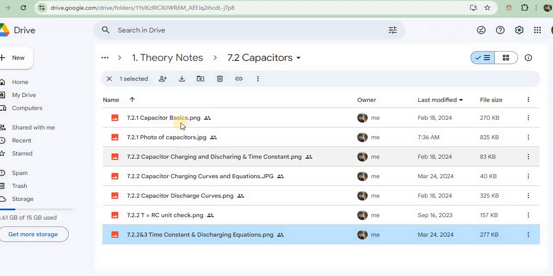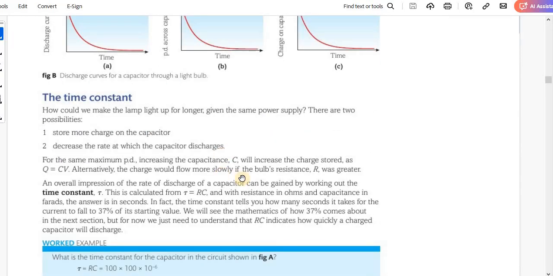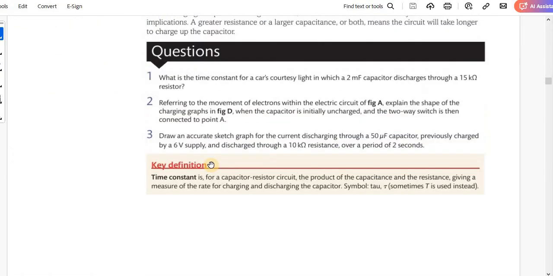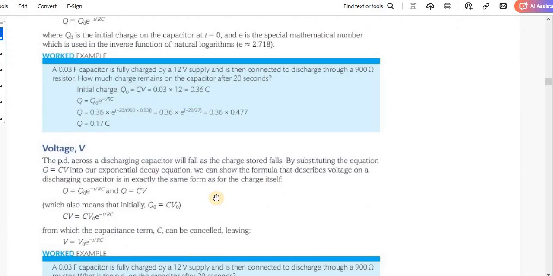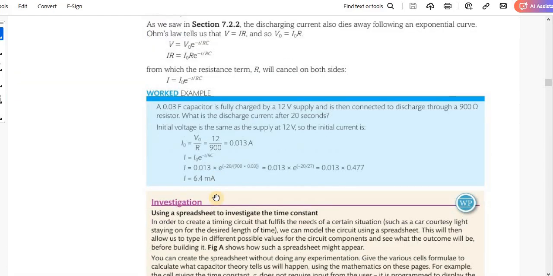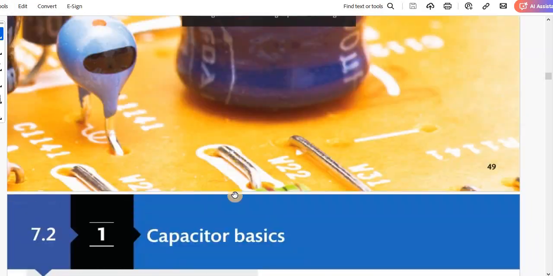All right, so that I think is the end of this lesson. We have gone through all these slides here, but let's have a look at your book also. So we went through all this. The graphs are there. So I think that's the end of that part. And the capacitor mathematics, I have a separate lesson on the logarithms for this, but also we can go through this briefly over here.